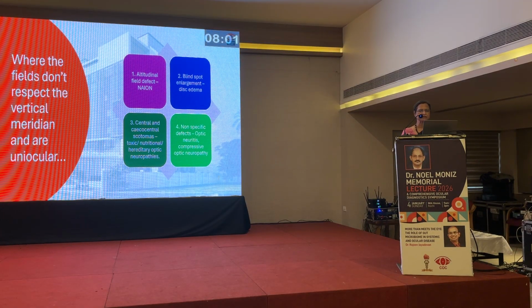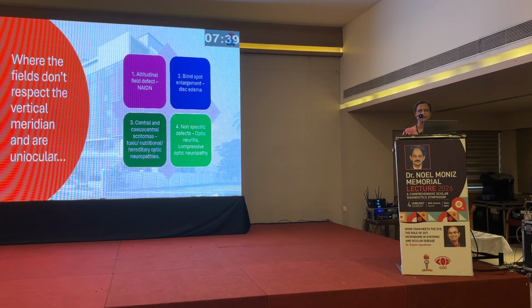So first, let us see. Usually, in neuro-ophthalmic fields, we are looking at both the eyes together, and sometimes where the fields do not respect the vertical meridian and where they are monocular, they are altitudinal field defects that we see in non-arteritic ischemic optic neuropathy, blind spot enlargement in disc edema, monocular central or cecocentral scotomata, that is the initial stage possibly in toxic, nutritional and hereditary optic neuropathies, and non-specific defects which may be seen in optic neuritis and compressive optic neuropathy.